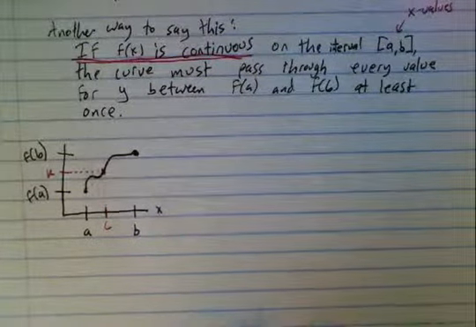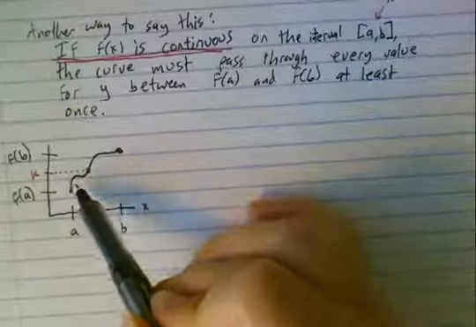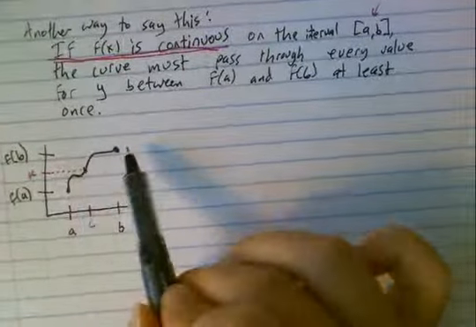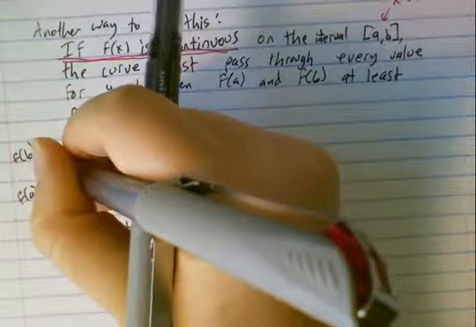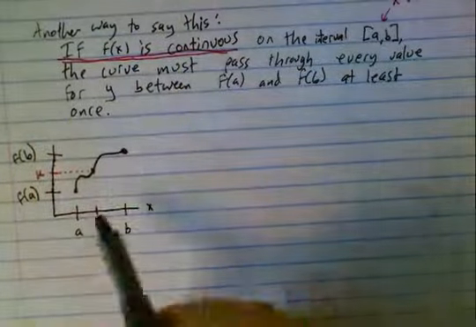That's what it's saying. No matter how we strain, if this is a continuous function, we've got to go through all of these numbers here. All of these have to get hit at some point.